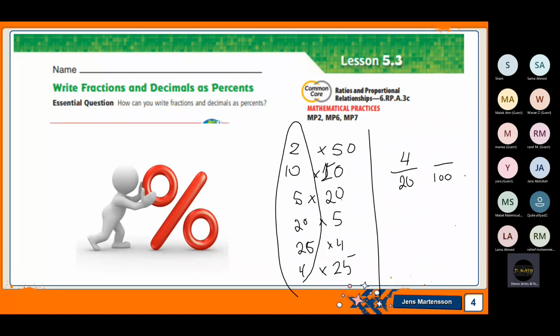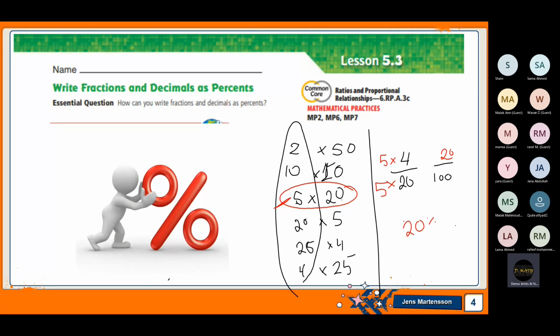Then, what is the number that you multiply by 20 to get 100? From here, it's 5. Okay, grade 6? Yes, teacher, we understood. And if you multiply up here, you get 20. Then 20 over 100 is 20%.